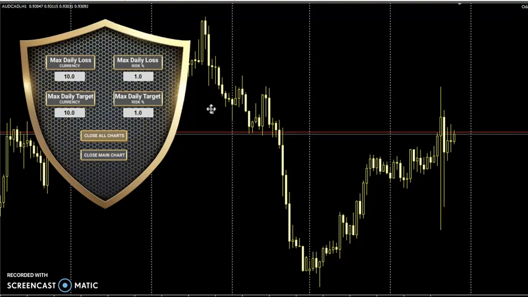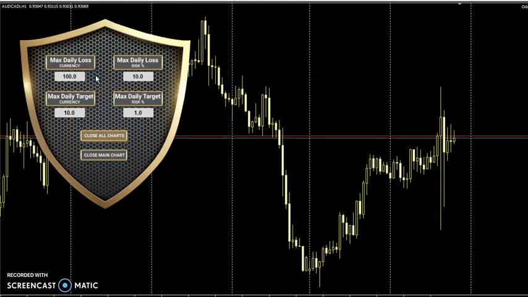So this is our max daily loss and our max daily loss risk percentage. Both of these are kind of similar. Some people, for example, say they don't want to lose more than $100 a day in floating equity. So if your drawdown should hit $100, the Forex robot will close your trades.